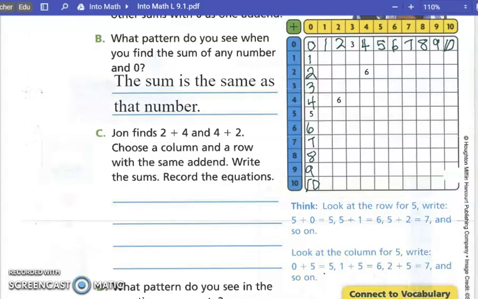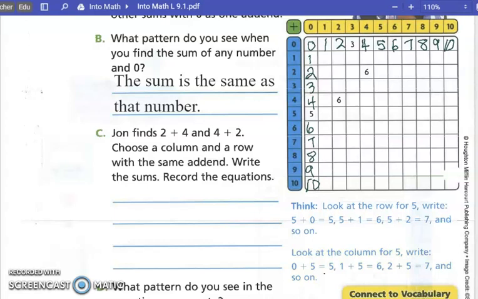So you choose a column and a row. Whether you choose 2 like that, you're going to add to the 5s. 5 to every number over here. Okay. And then choose one down here. Maybe you choose 8, and you're going to add each number from the top down into the 8.